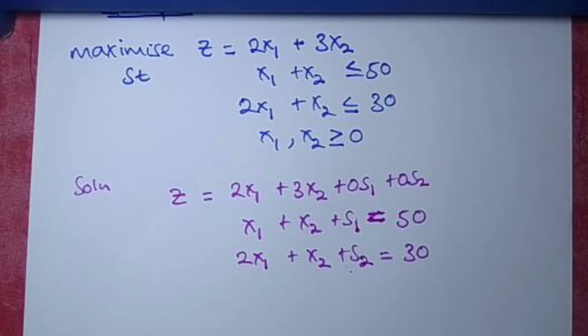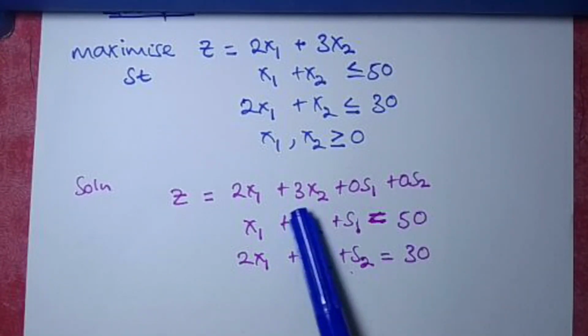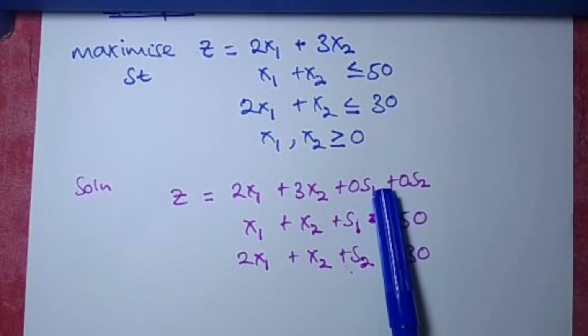After standardizing it, that is what brings us to forming the matrix form of the expression. So for example, the equation up here can be extracted into two parts, that is the coefficients and what we call the variables.